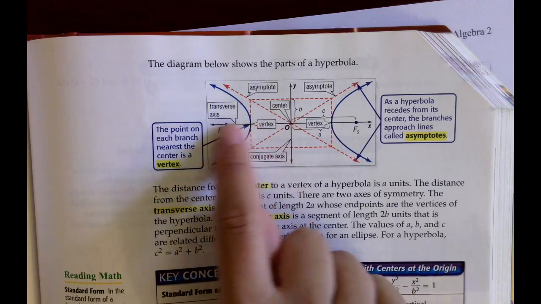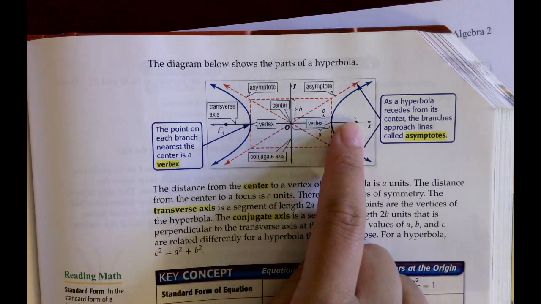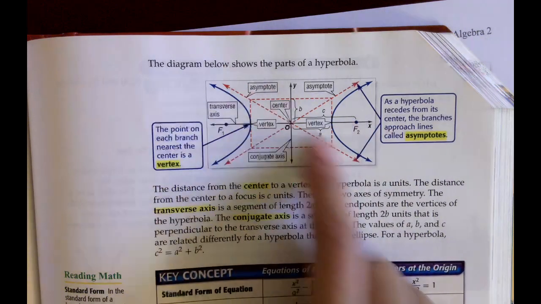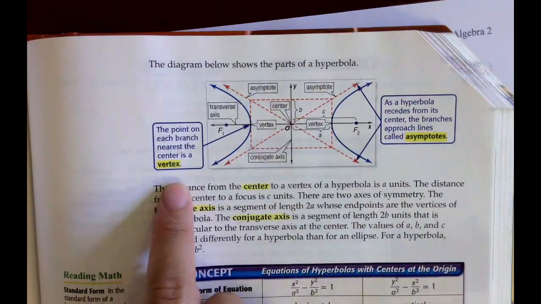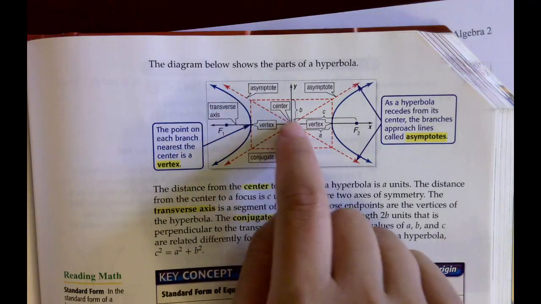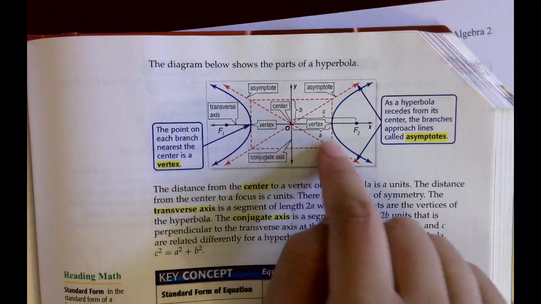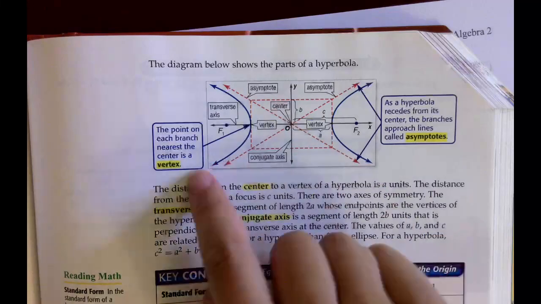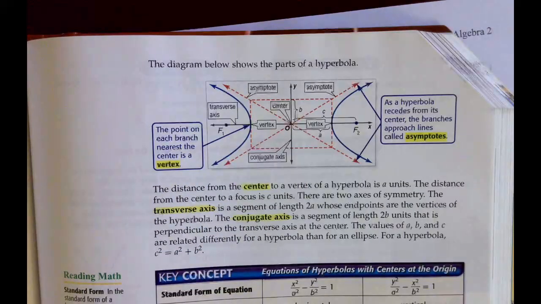And then this is C, to our focus, guys. And what's special about our hyperbola is we have asymptotes. How these asymptotes are derived is that using the distances A and B, we make a box, and then we go across, and that makes our asymptotes. Okay. There you go.